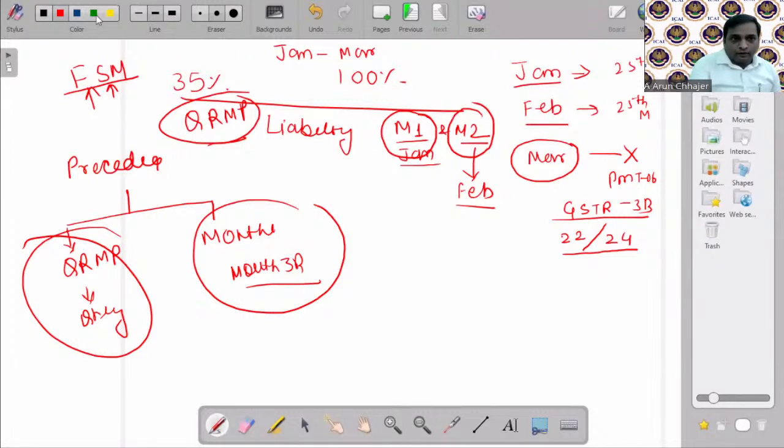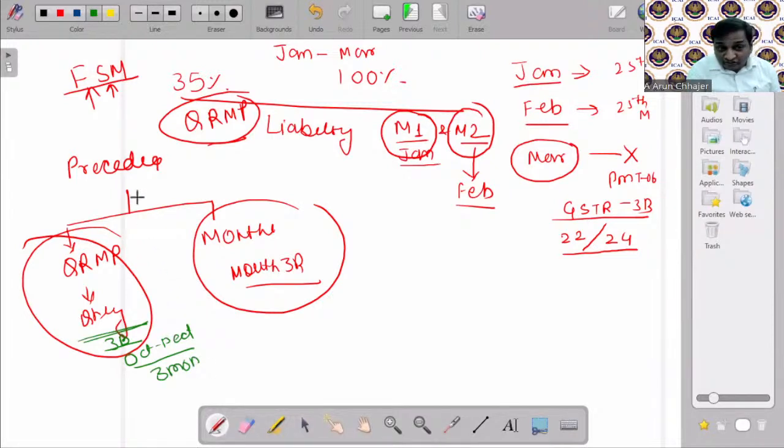Now, if your GSTR 3B is under quarterly, it means the last 3B which you have filed is for October to December. It means this shows the liability of 3 months.